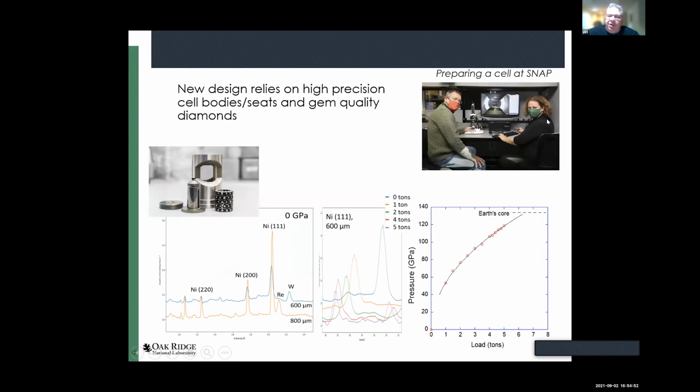So here's Riney and Bianca working on prepping a cell for a neutron experiment. The design relies on precision machining of the cell body for alignment. And oftentimes this causes a binding of the cylinder in the diamond cell.